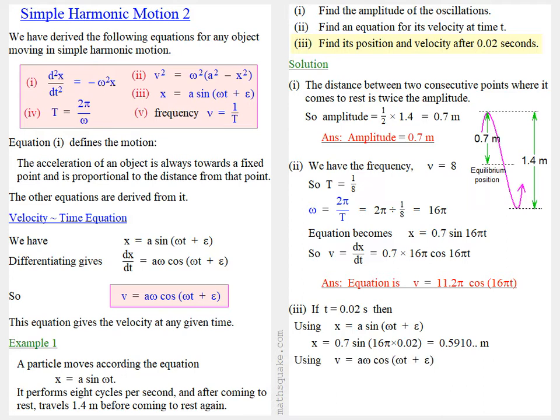And to find the velocity, we can use v equals a omega cos(omega t plus epsilon). So that gives us 0.7 times 16 pi cosine(16 pi times 0.02), and that works out to be 18.8535. So we have the displacement is 0.591 meters, and the velocity v is equal to 18.9 meters per second.